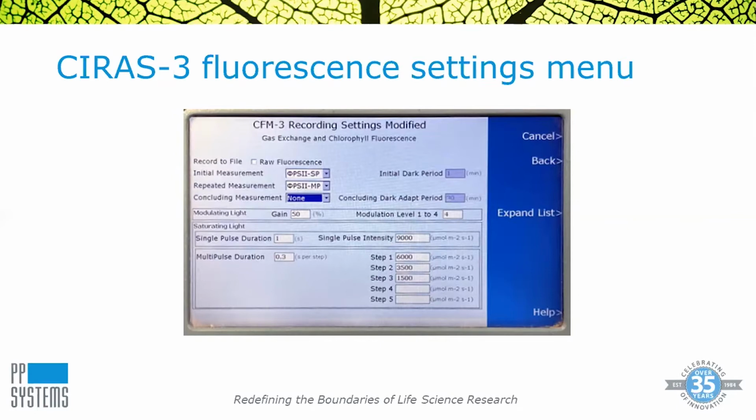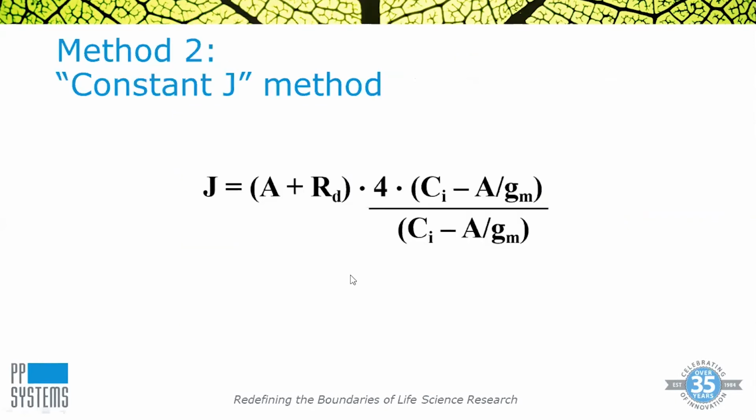Three is enough, but you decrease the pulse intensity at each step, and it gives you your efficiency of photosystem 2. So it's a really simple fluorescence scenario to do this.